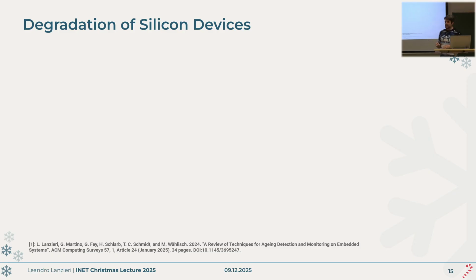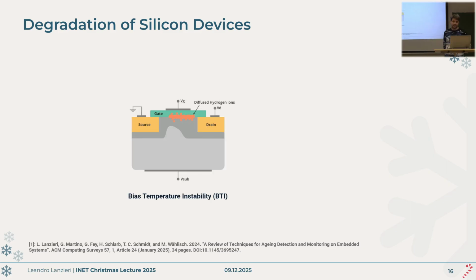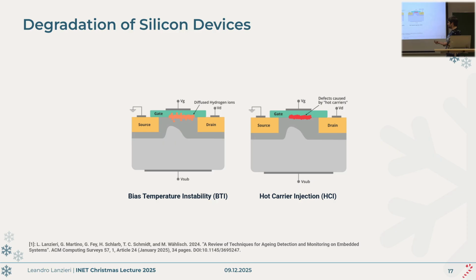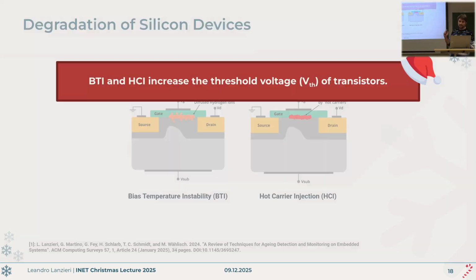We're going to focus mostly on silicon devices today, and mainly on the degradation mechanisms, which are bias temperature instability and hot carrier injection. There are some references if you want to check the details on those. We're not going to go into detail, but we care about the effects of these mechanisms, and that is mainly that BTI and HCI increase the threshold voltage of transistors, meaning the voltage that is needed to activate the devices.